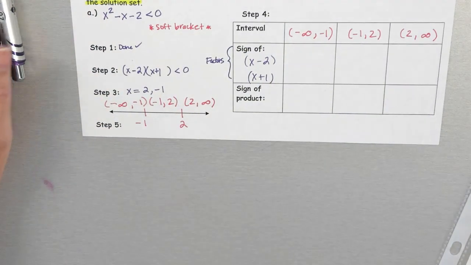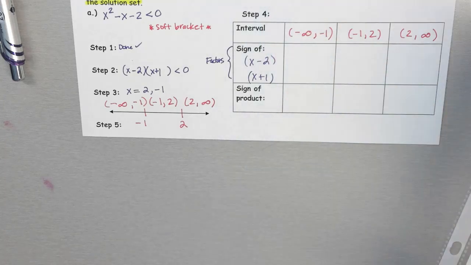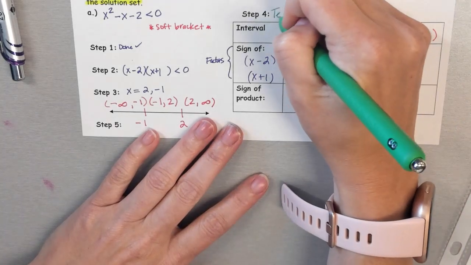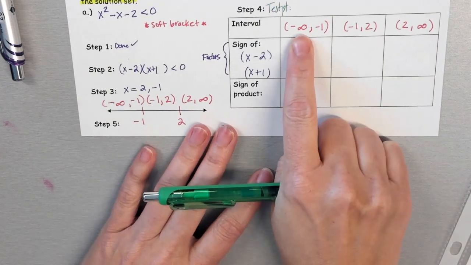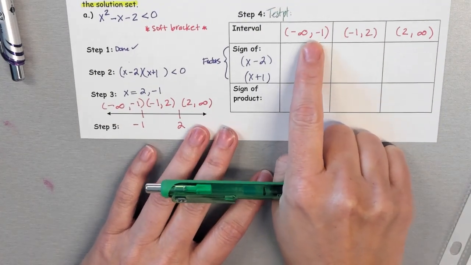Then you just have to pick a number that is in the interval, and we're going to write that above. So we call these our test points or our test values. So our test point for the first interval has to be between negative infinity and negative 1.